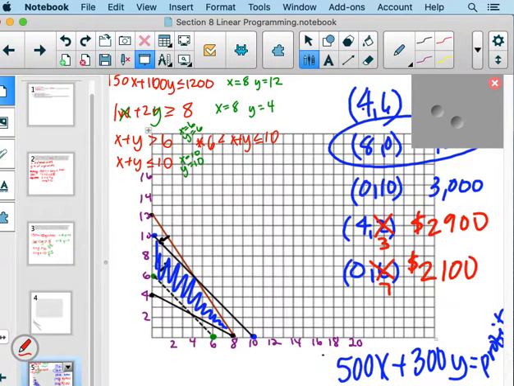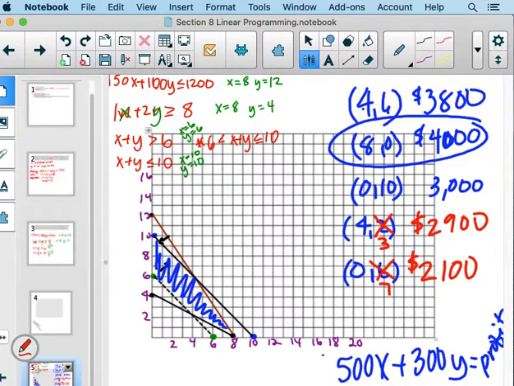Okay. And Haley, can you tell me what 4, 6 was going to get us? 3,800. Okay. I agree with that. So on this feasible region problem then, the max profit is coming from 8, 0, and that's this bottom corner down here.